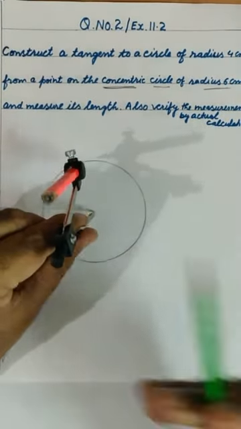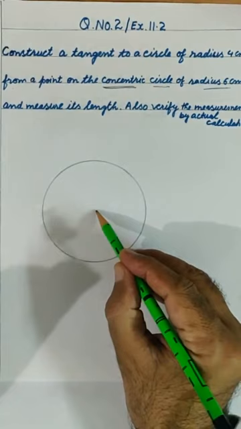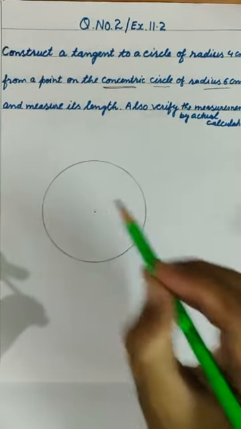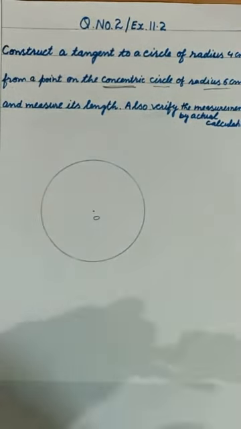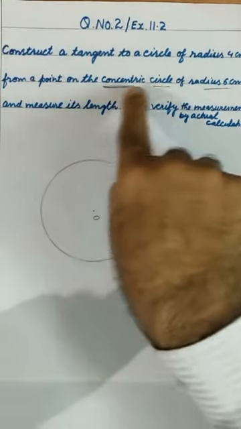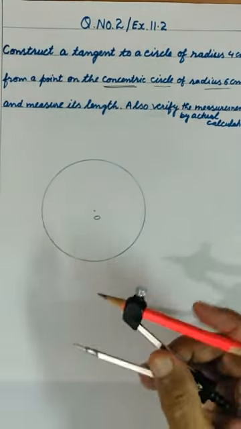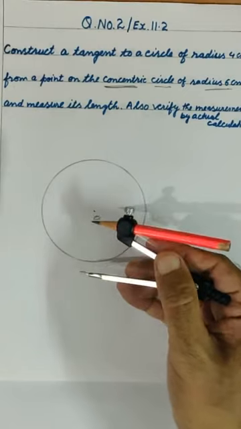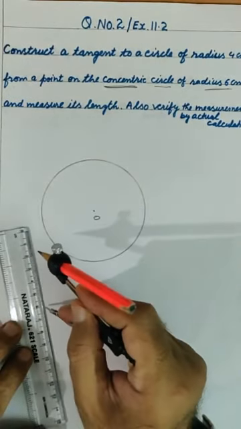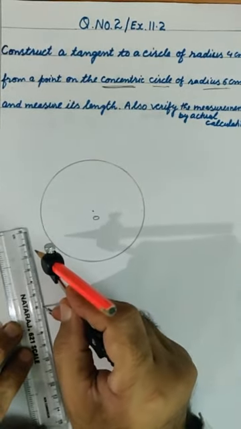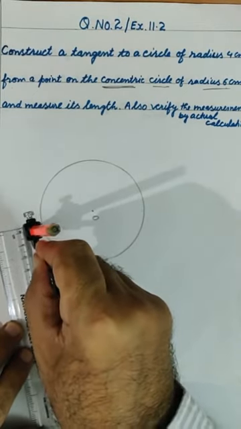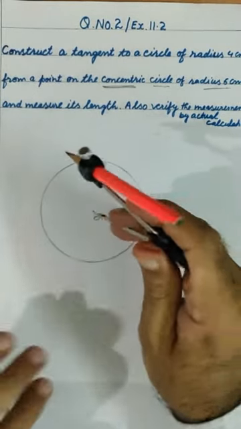You see, this is the center, this is O. We have to draw another circle of radius 6 centimeter. Concentric means having the same center, but the radii are different. This is 6 centimeter.